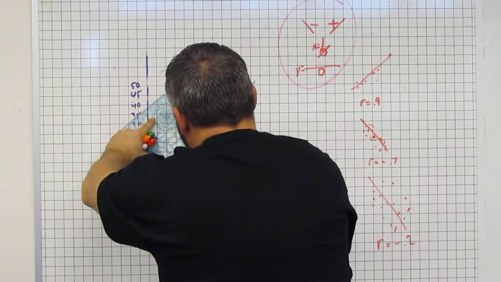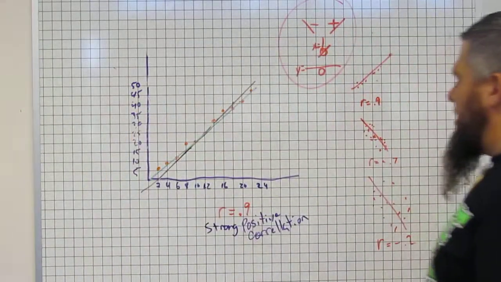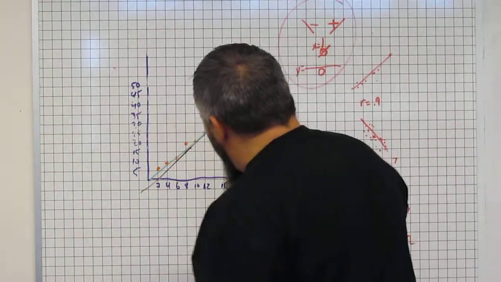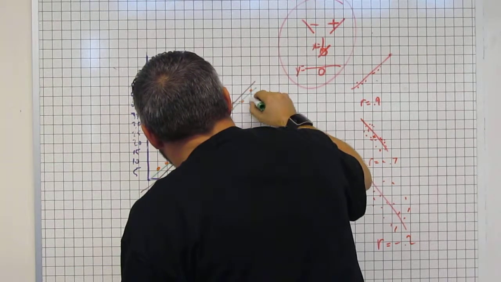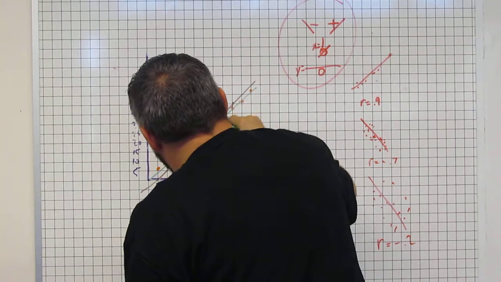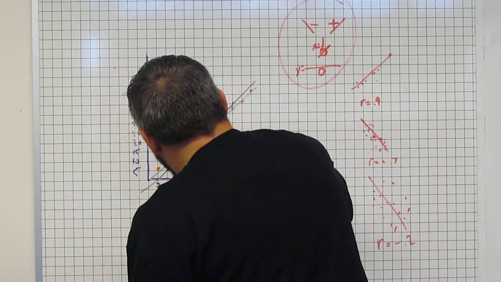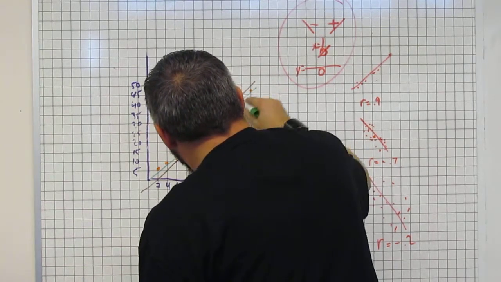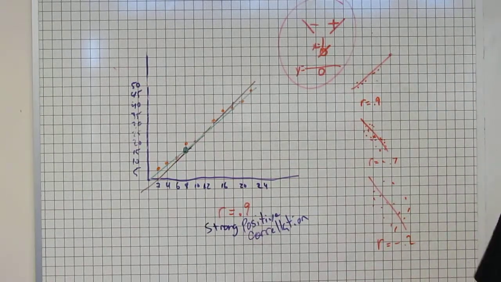That's a great line, that green one. In this case, where do I go through points? I go through a point here and almost nowhere else. That's the biggest problem with that green one.